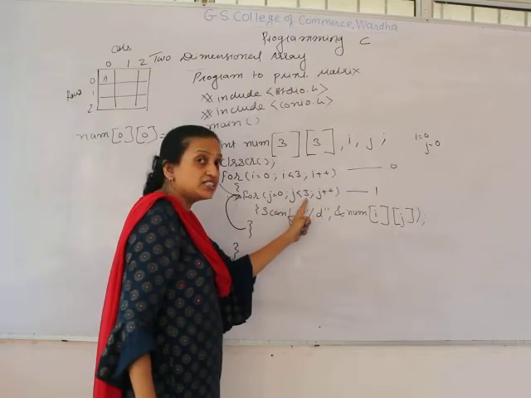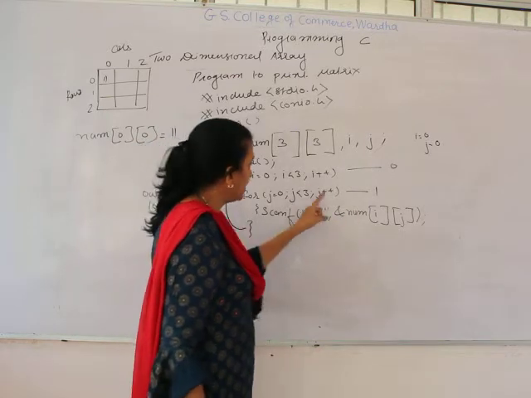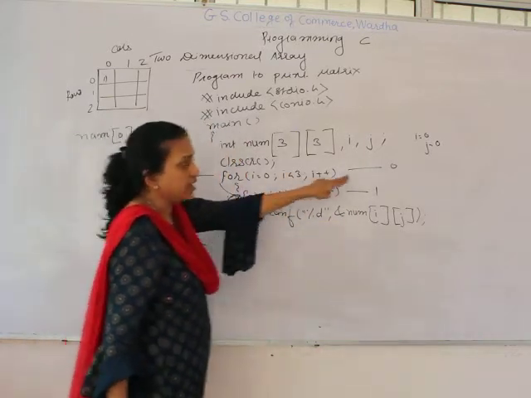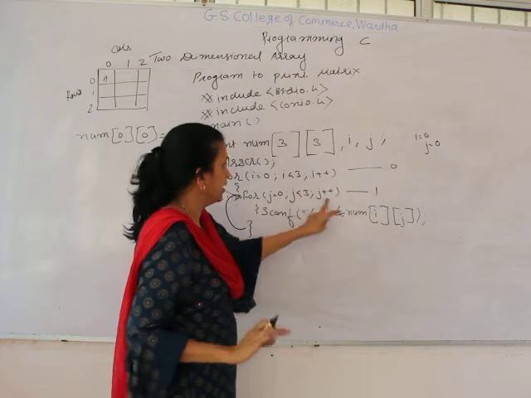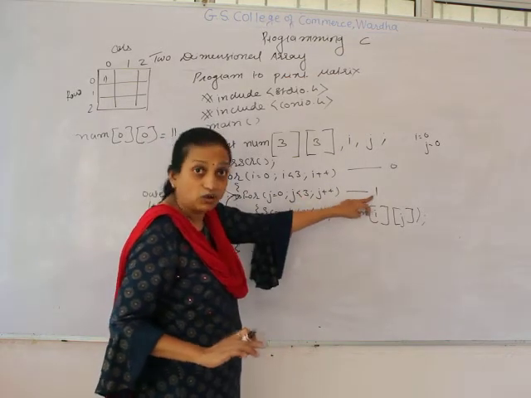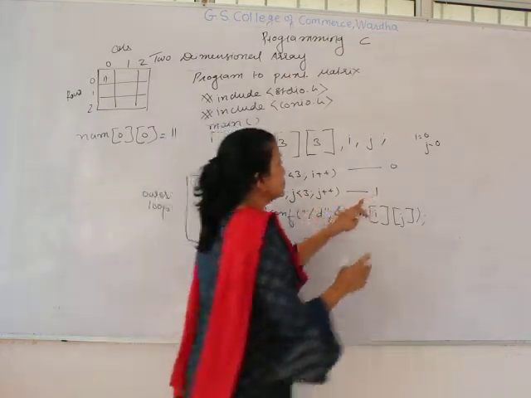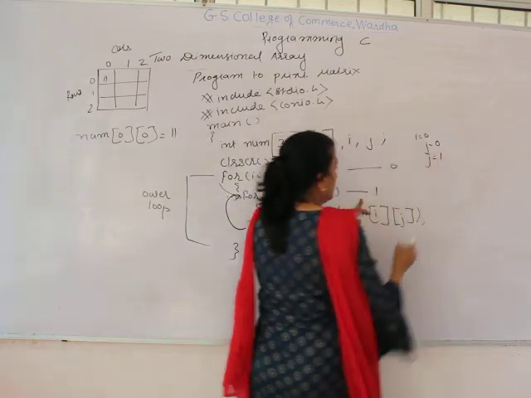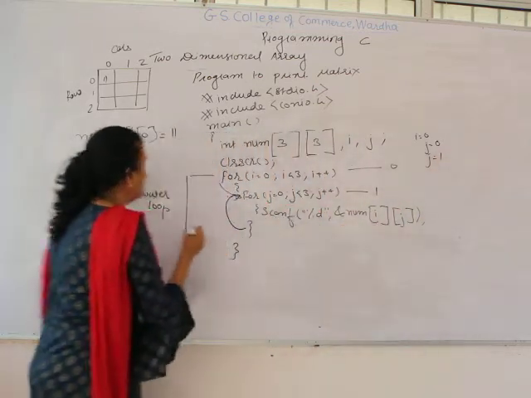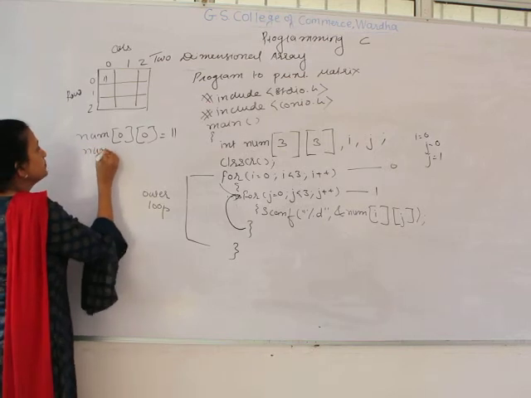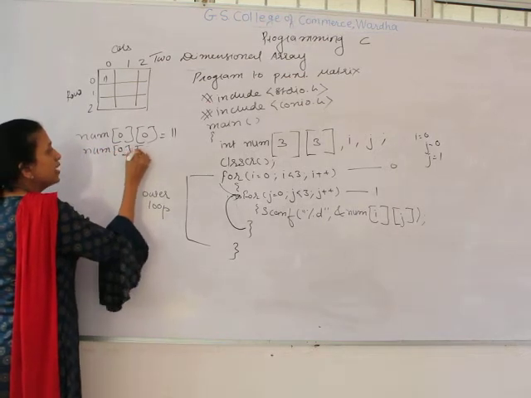Yes, the condition is true. Here we are still at the same place, there is no change in the value of i. Now the value of j is 1, so we will read the value for num with i 0 and j 1.